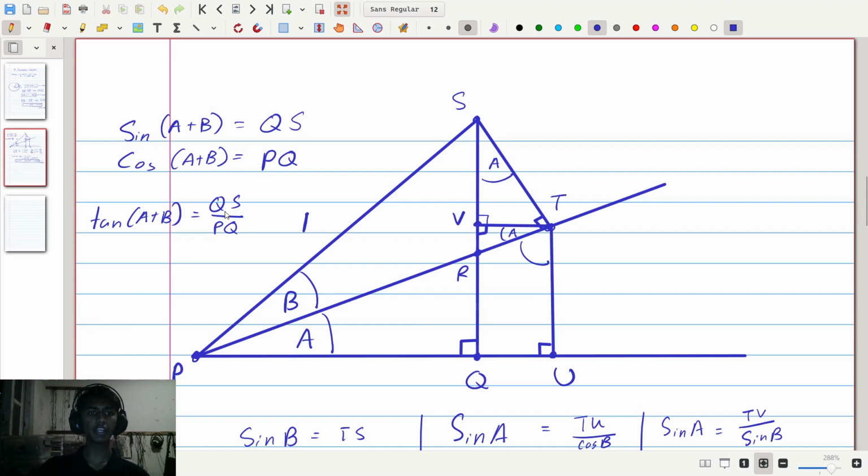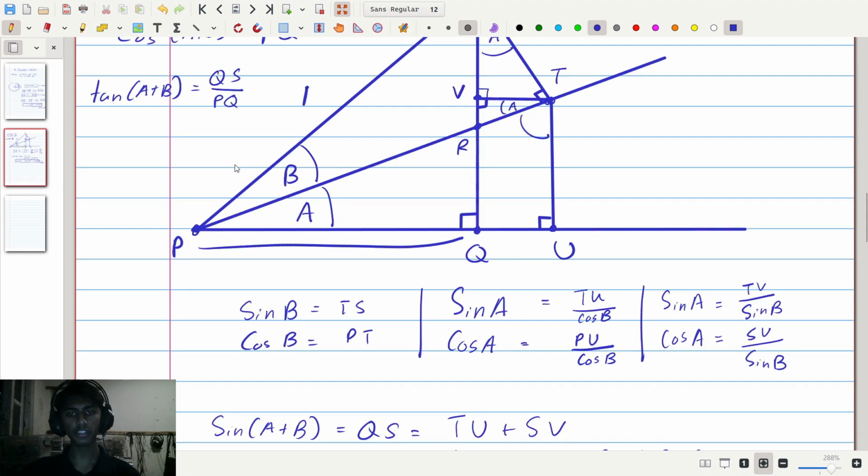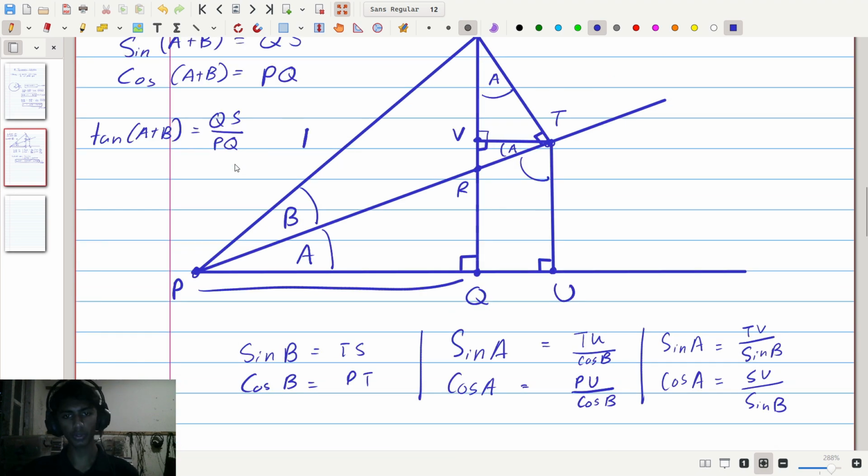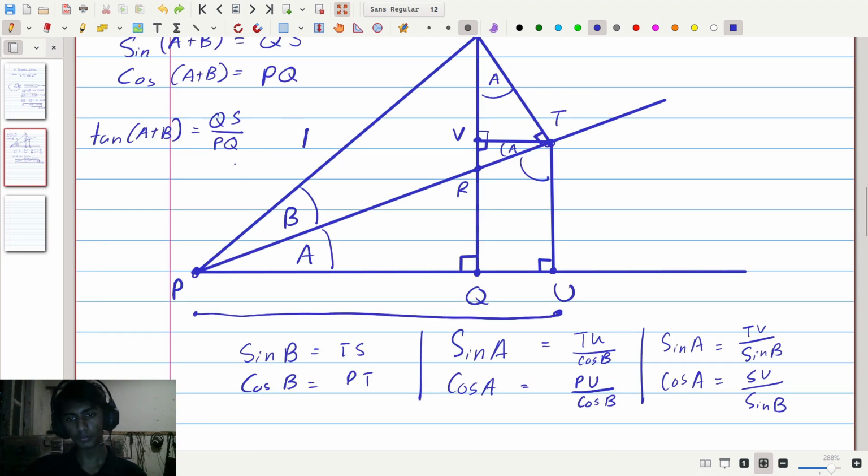Similarly, if we consider the cosine of A plus B, which is PQ, and we try to express PQ in terms of the lengths we know, we can see that PQ is equal to the total length PU minus the length QU.